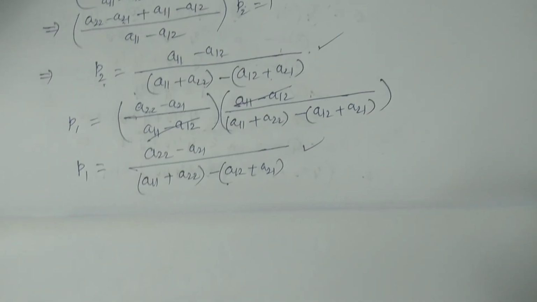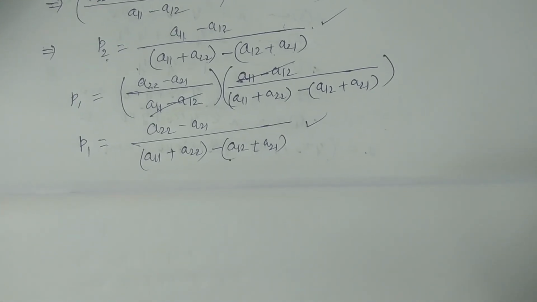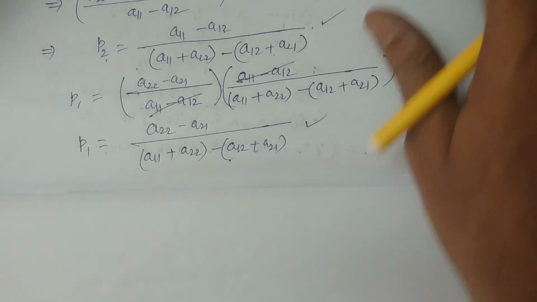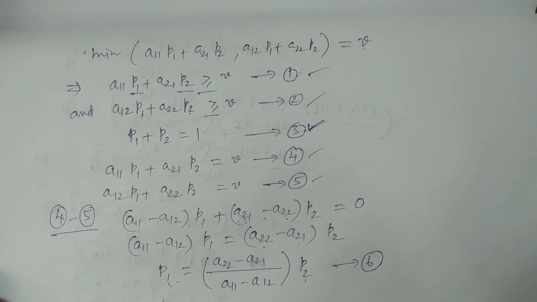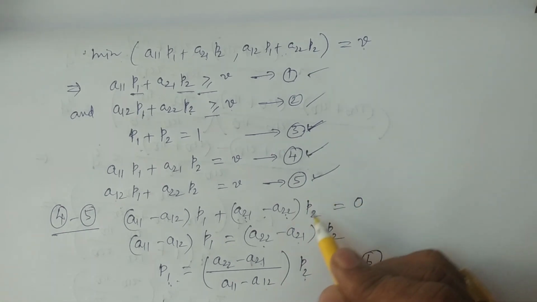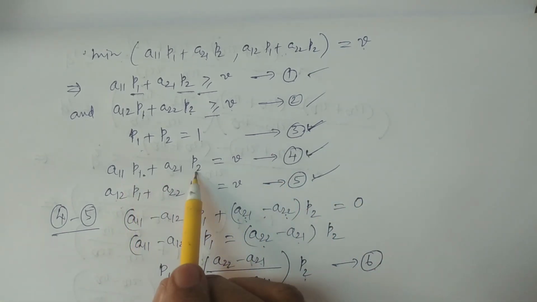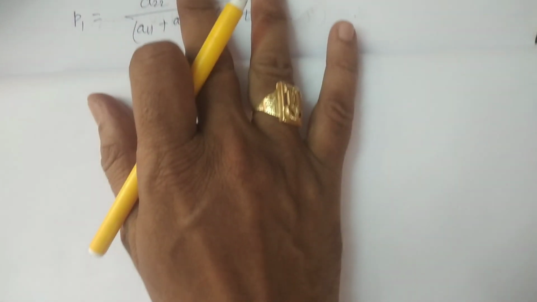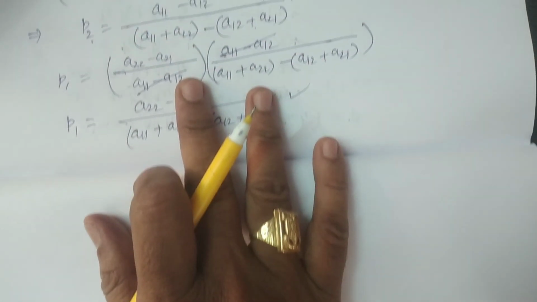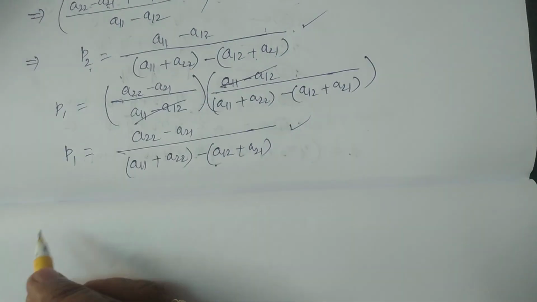Right? Now you have to calculate the value of the game, mu, for which you have to substitute in any one of the equations. For example, either the fourth or fifth equation: if you substitute the values of P1 and P2, you will get mu, right? I am substituting the P1 and P2 values in equation 4.